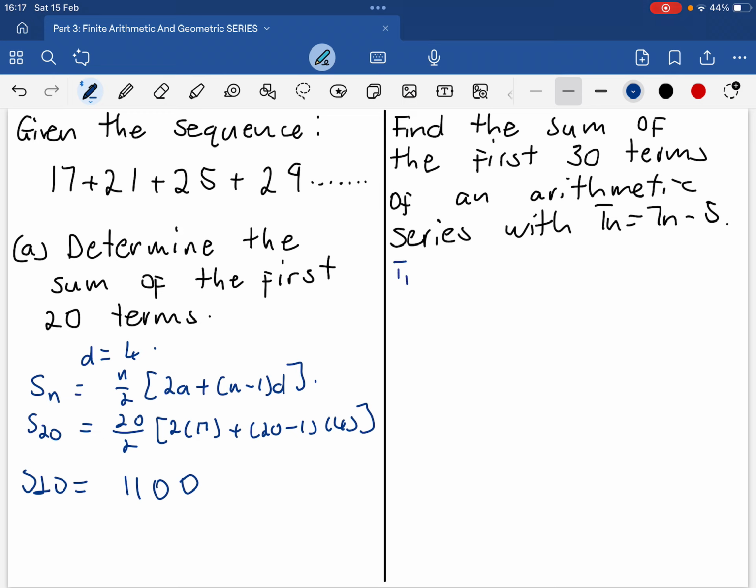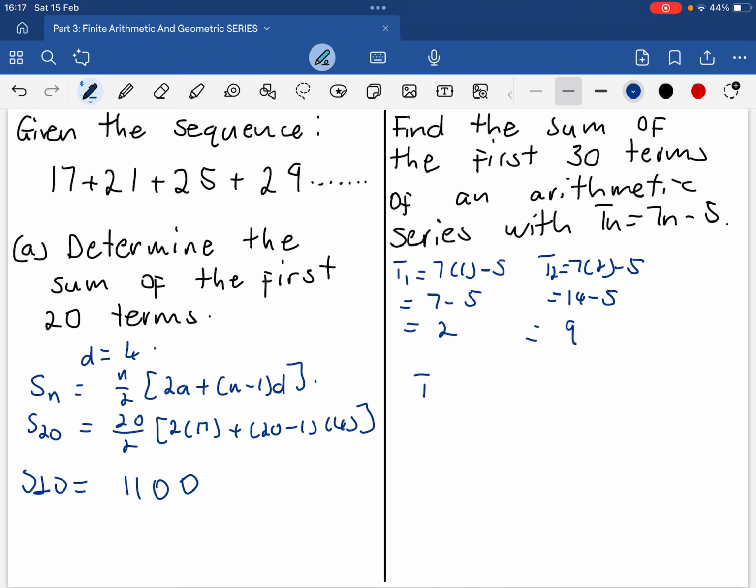To help us do this, we could start by finding the first term, which is 7 times 1 minus 5, which gives us 7 minus 5, which is 2. Then the second term, T2, is 7 into 2 minus 5, which is 14 minus 5, which is 9.